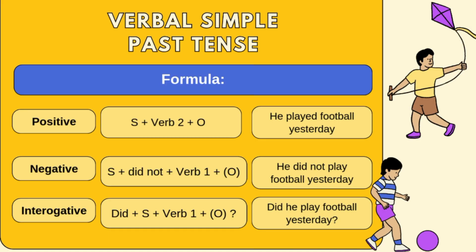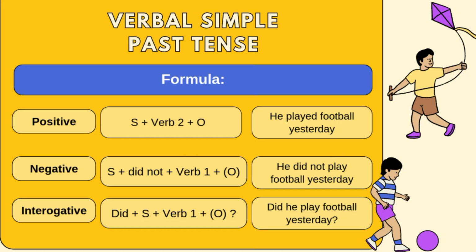Then to form a question in the simple past tense, especially in verbal form, we must start with the word did. Just like in the negative form, once you use did, you must use the base form of the verb, which is verb 1. So the pattern is like this: did in the front, and then subject, verb 1, and then you can add the rest of the sentence. For example, did he play football yesterday?